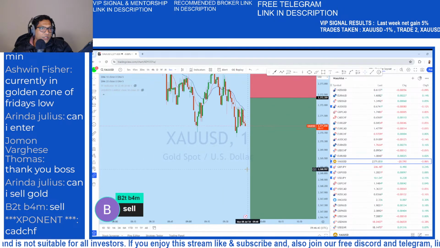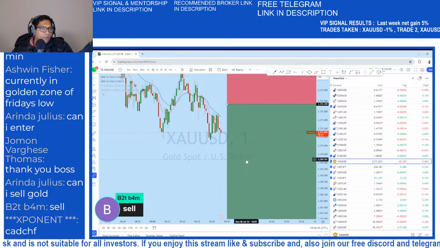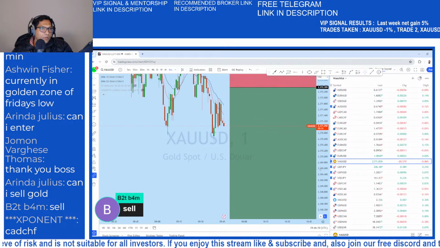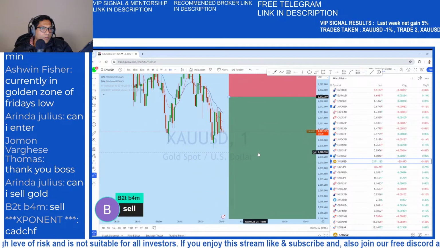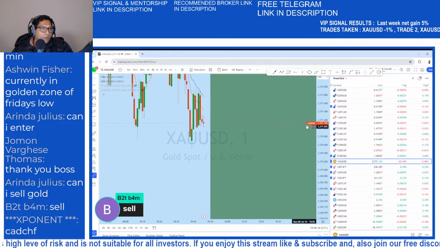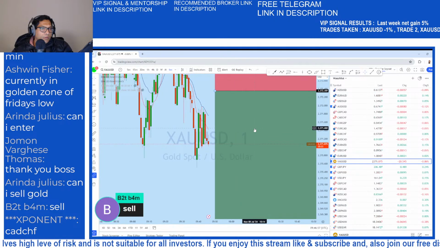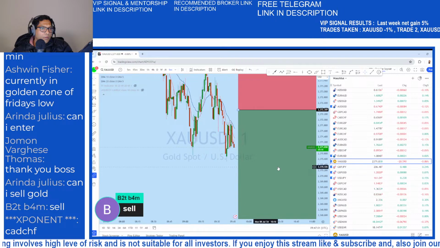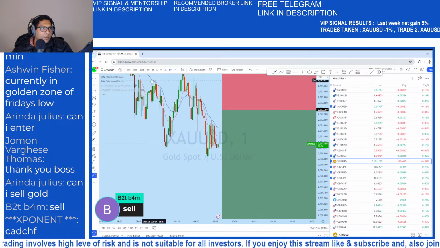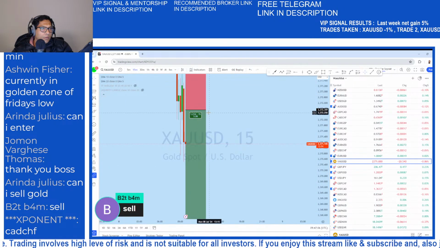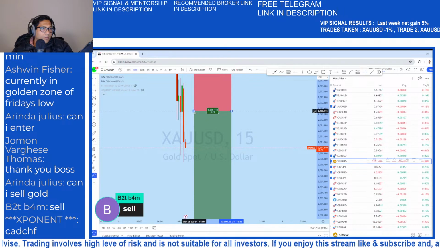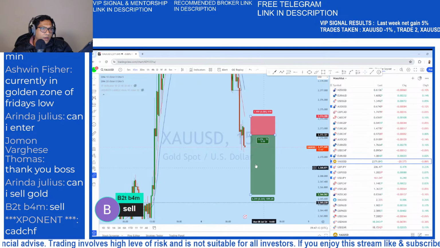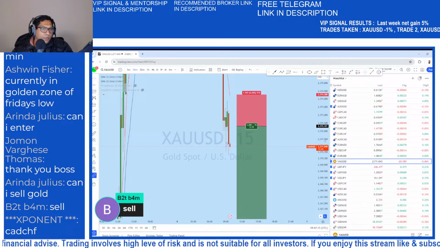A long bearish price action here. Okay, we can see that long bearish candle with a long wick at the bottom.